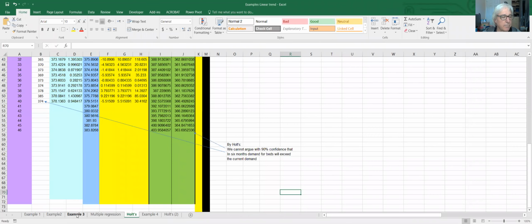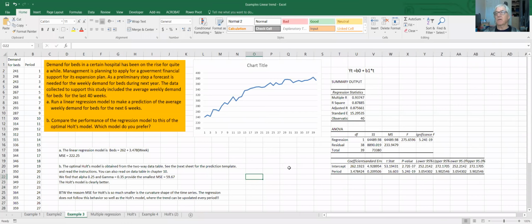So we are going to start with the Holtz method. The Holtz method is a forecasting procedure that works on time series with linear trend.